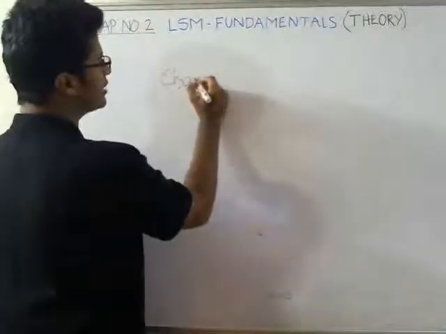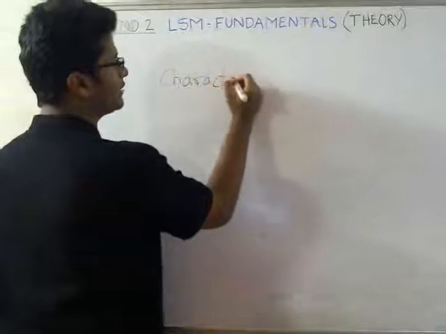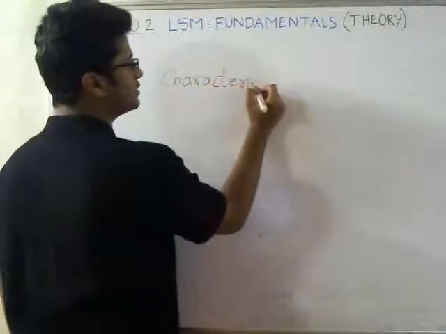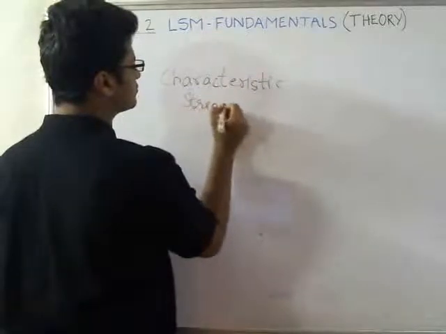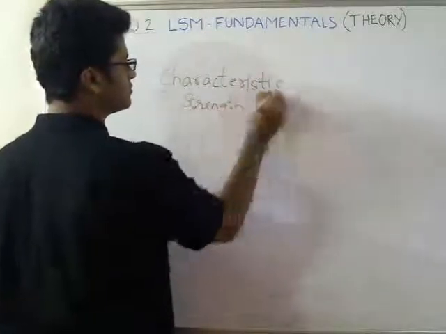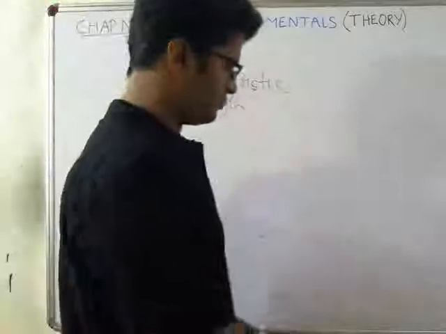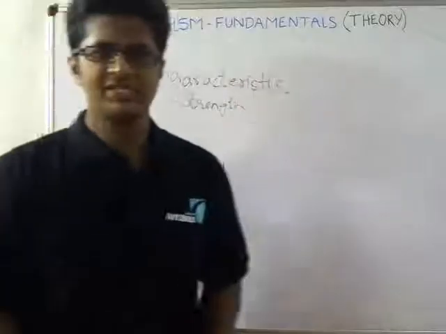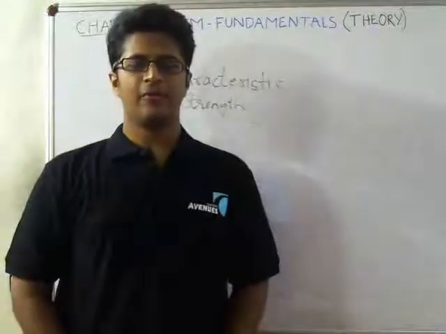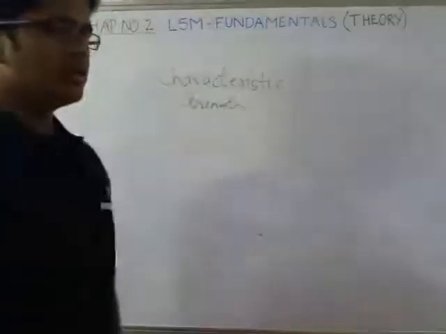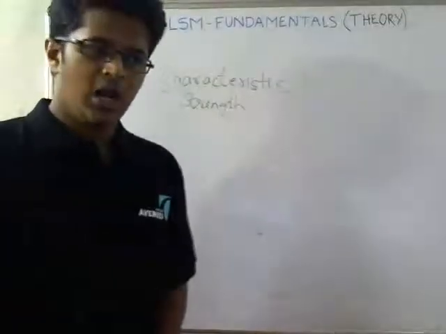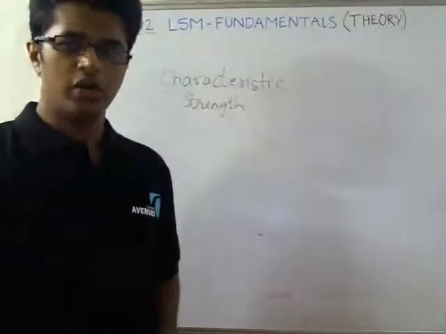Now we are going to look at the graph for characteristic strength. Just like characteristic load, the graph of characteristic strength is identical. Only the upper bound theorem changes into the lower bound theorem.